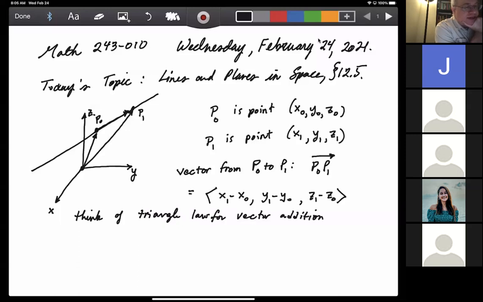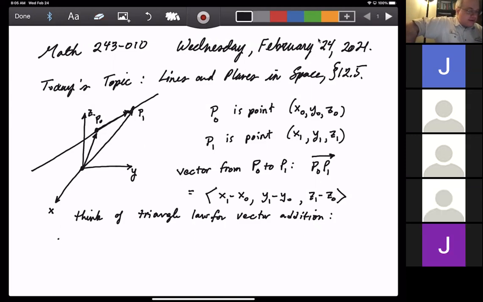Based on this picture, we need to go from the origin to P0, in which case we're at the coordinates x0, y0, z0. So we can think of x0, y0, z0 as the position vector for this point.